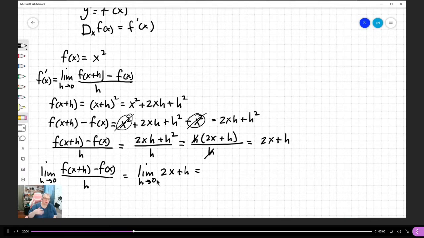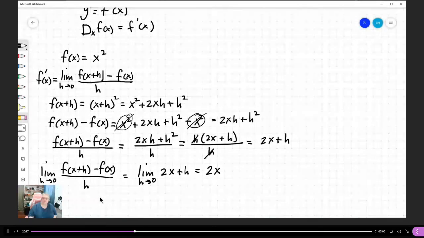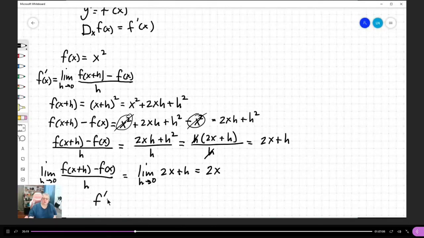And I'm taking a limit. So the thing I always do when I take a limit is I try plugging it in. So I plug 0 in for h, and I get 2x plus 0. So I get 2x. All right, so f prime of x is 2x.